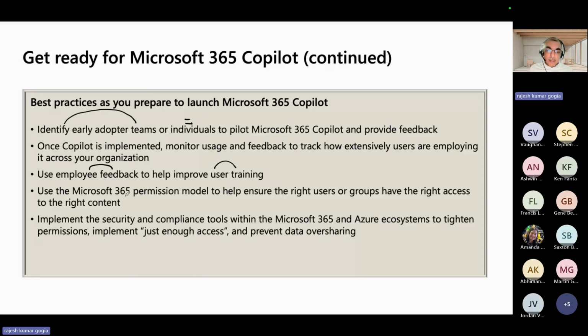And more importantly, the RBAC, which I have consistently been mentioning, and that too with just enough access. There is something called, I'll just give you a brief about that, JIT, just in time, and JEA, just enough access.